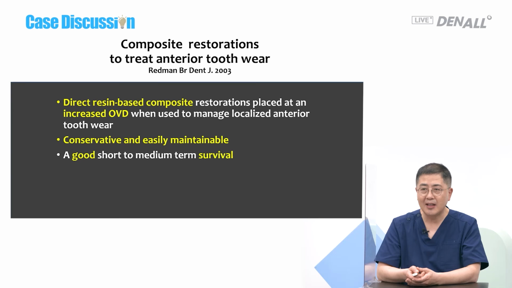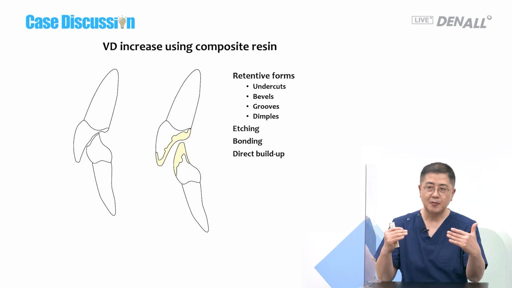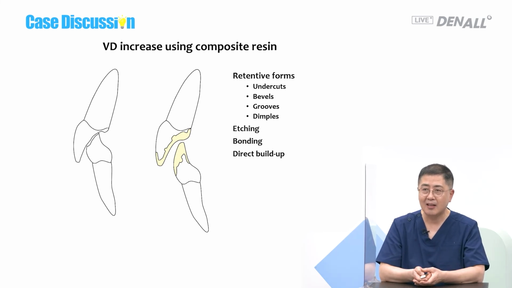This is a good summary of the case. That's why I'm introducing it to you. When attrition or wearing is severe, vertical dimension can be increased using composite resin. When the posterior region is stabilized, the anterior region can also be stabilized.